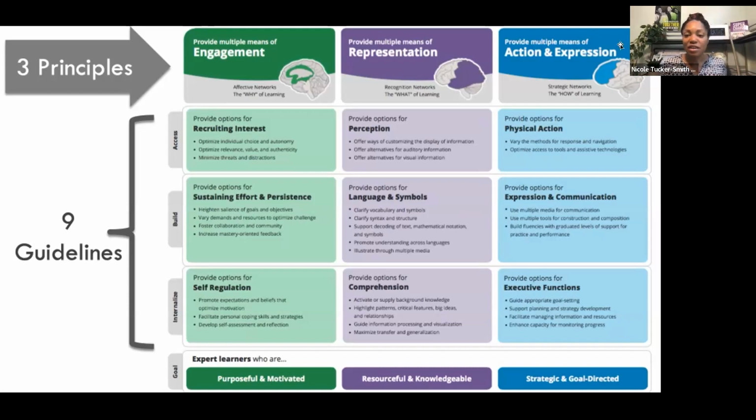And then the third principle here, often represented in blue, is providing multiple means of action and expression. That's multiple ways for students to show what they know and progress towards goals, navigate the learning environment. There can be different products that they produce, but there can also be different pathways to a culminating product.